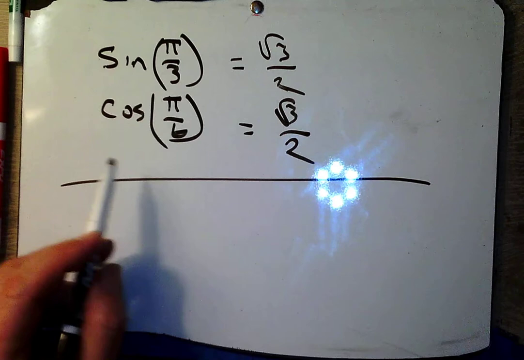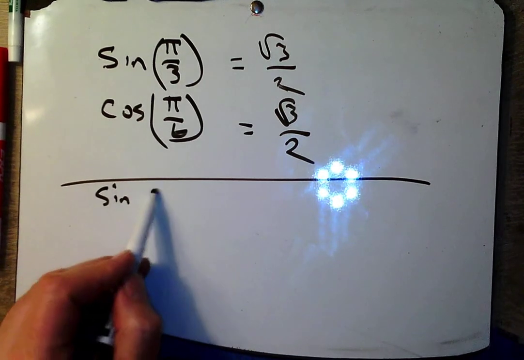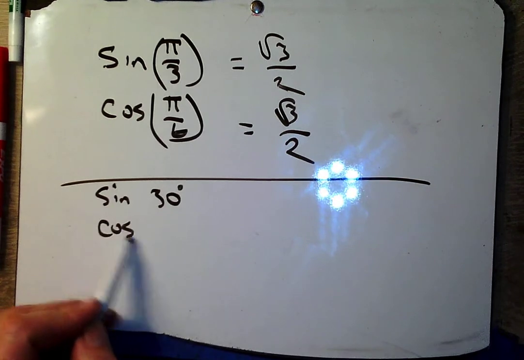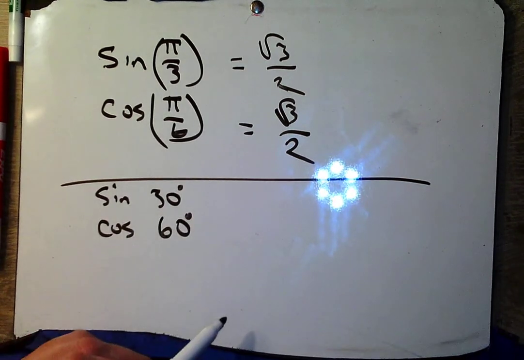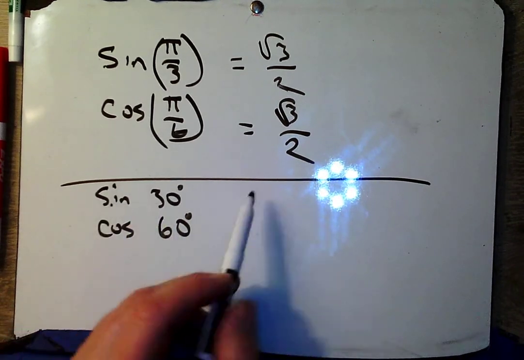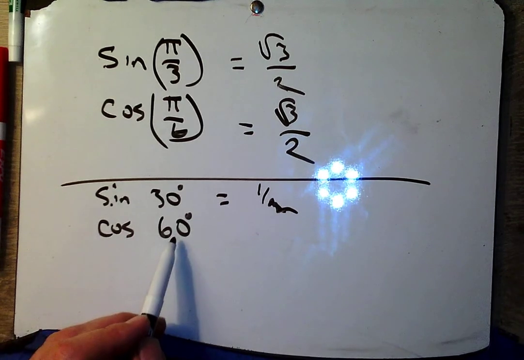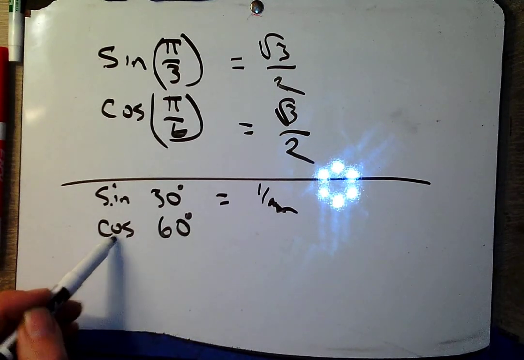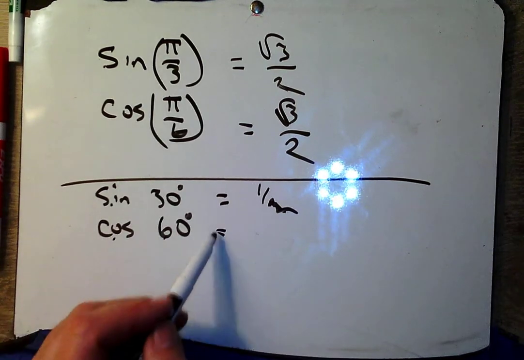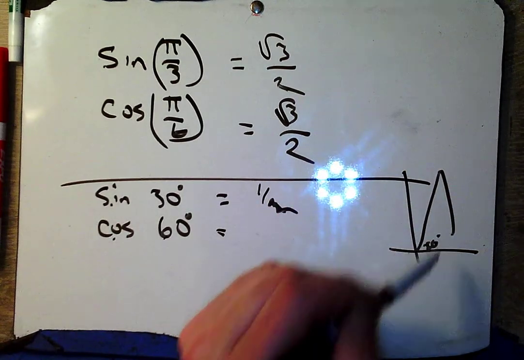So what can you tell me about this case? The sine of 30 degrees and the cosine of 60 degrees. Okay, sine of 30, what's the y value for 30 degrees? 1/2. What's the cosine of 60? Cosine is the x value. 60 is that one we were just looking at here. Here's 60.